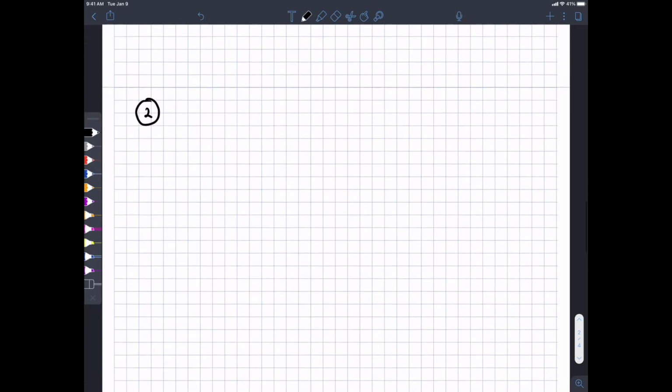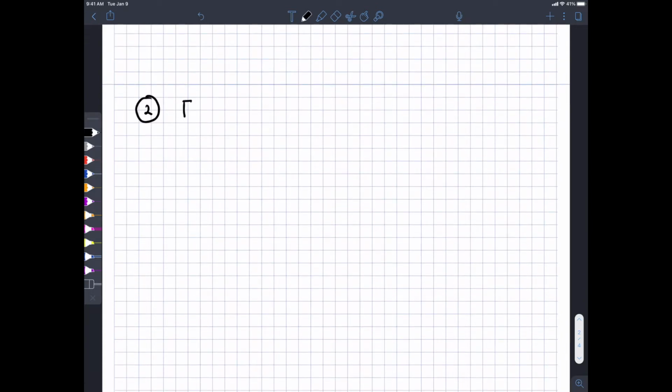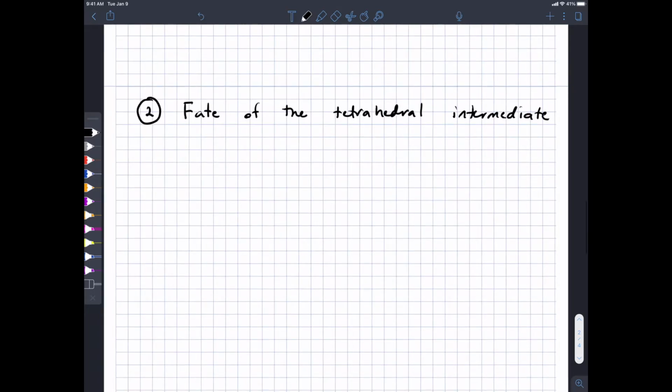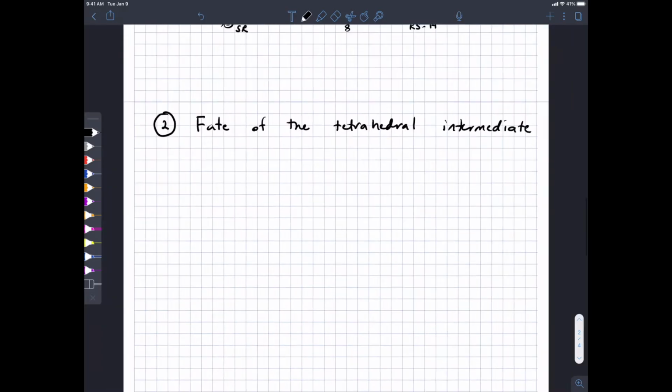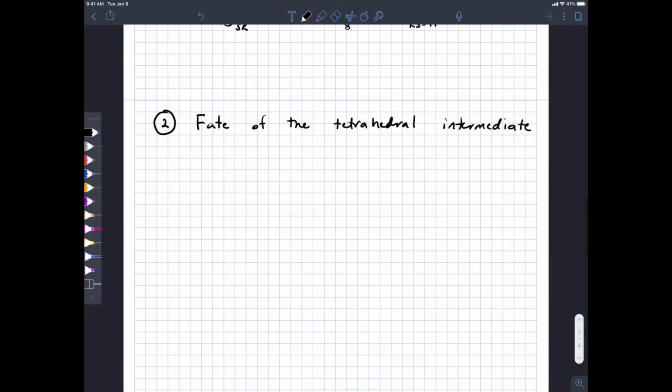Okay, so first was attack of the nucleophile. Next is fate of the tetrahedral intermediate. You will soon learn about me that I'm kind of a Star Wars nerd, and so I'm imagining these as sort of Star Wars titles.